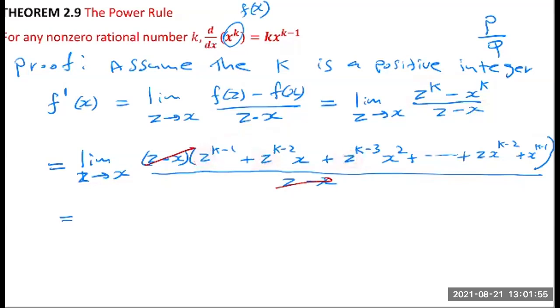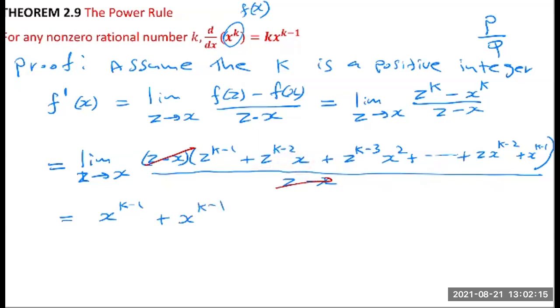If I replace z by x, you get x to the power k minus 1 plus, notice that if you plug in x here, you have x to the power k minus 2 times x. That is x to the power k minus 1. Again, that is x to the power k minus 1.